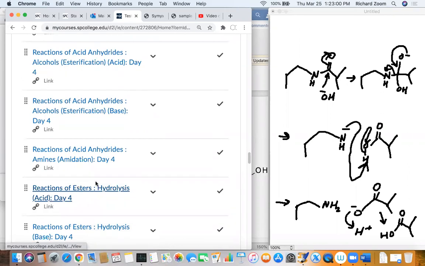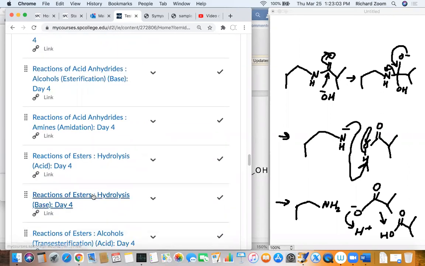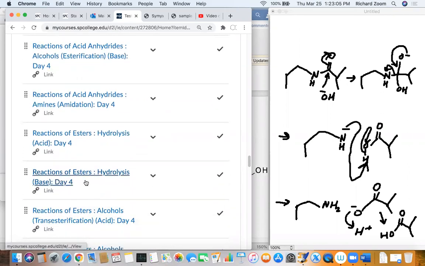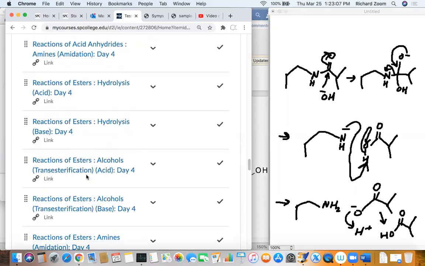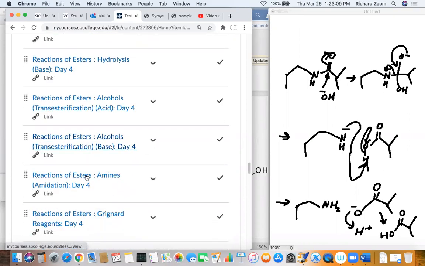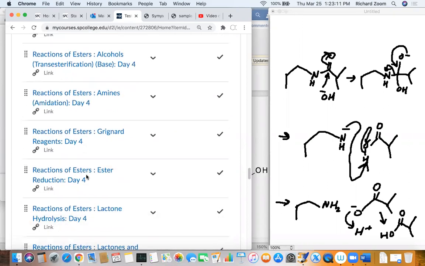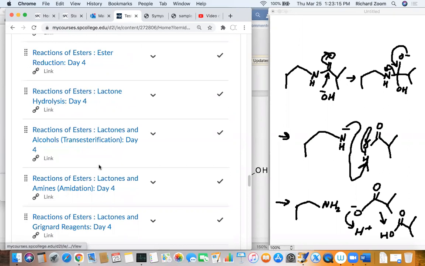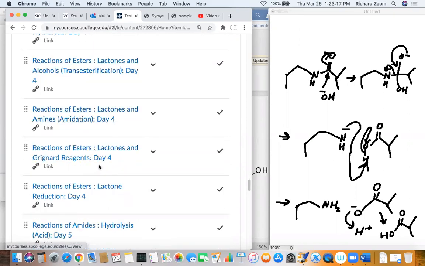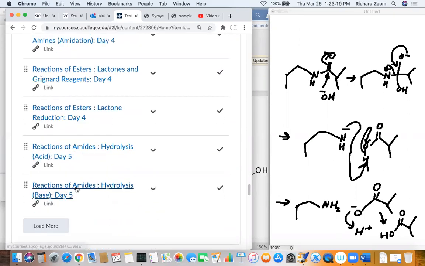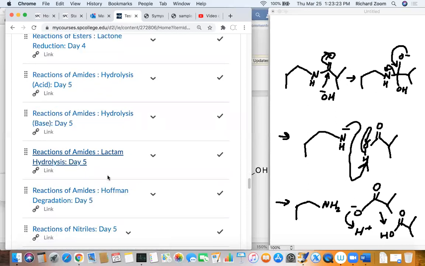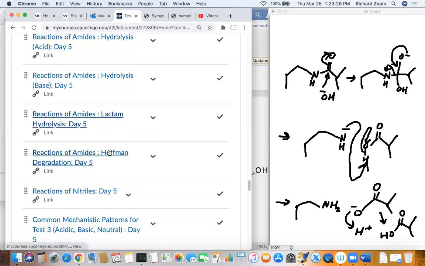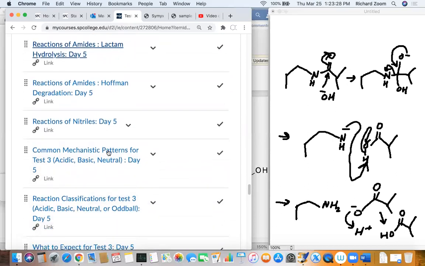Reactions of esters, hydrolysis, especially with base. Lactone hydrolysis. More about hydrolysis with base. Here we go. Hydrolysis, base. There's more. You have to hit load more to get more videos.